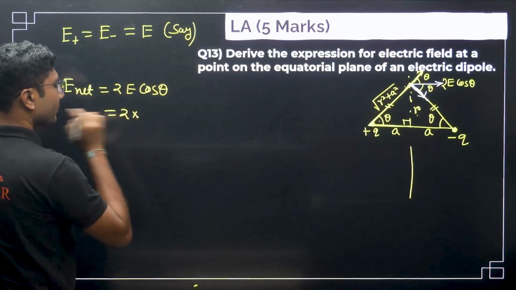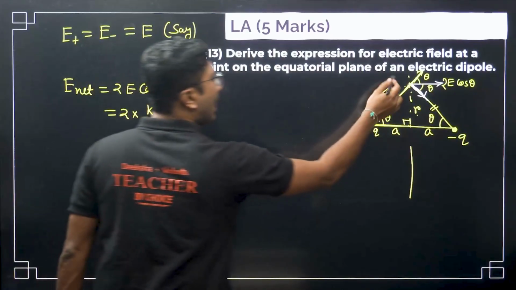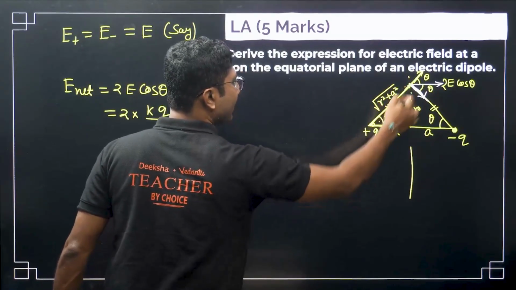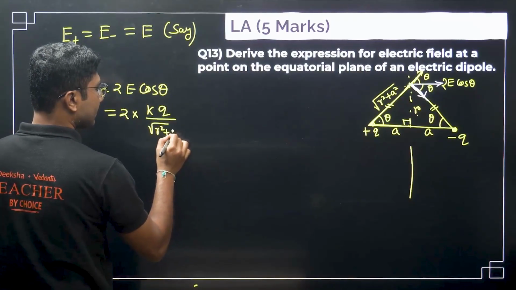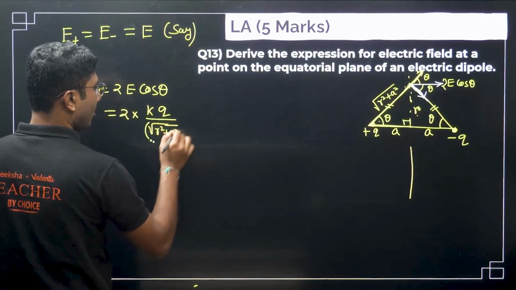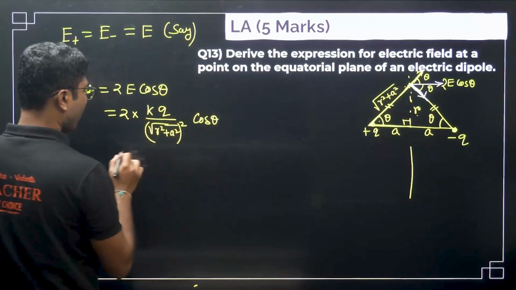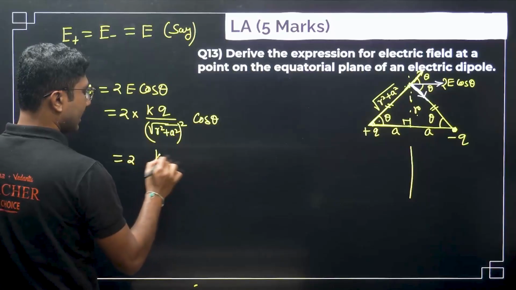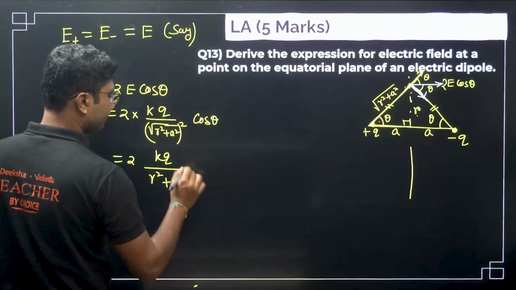E is kq by r square, where r square here means the square root of r square plus a square, whole square, times cos theta, or 2kq by r square plus a square.